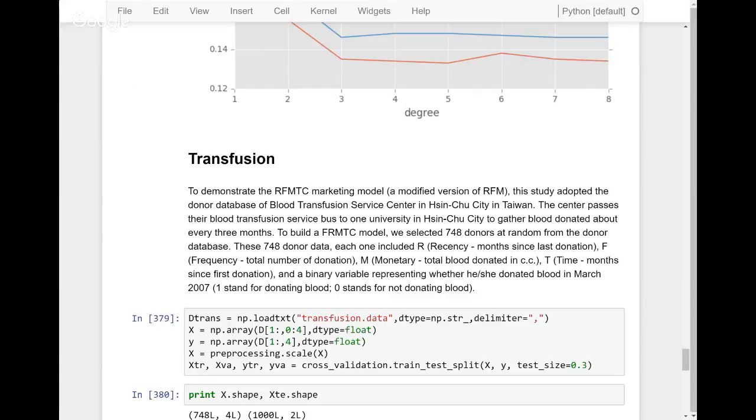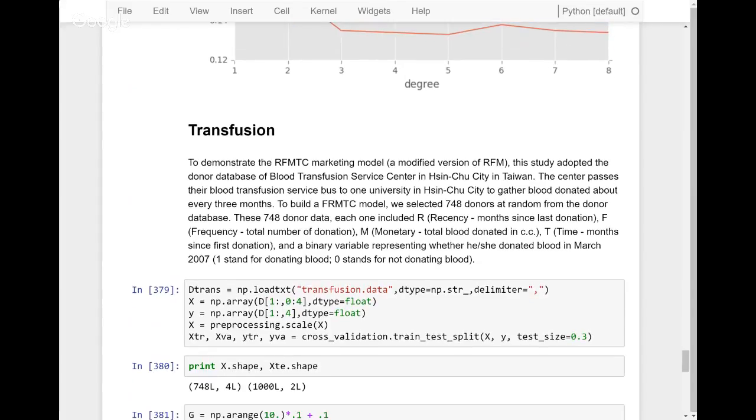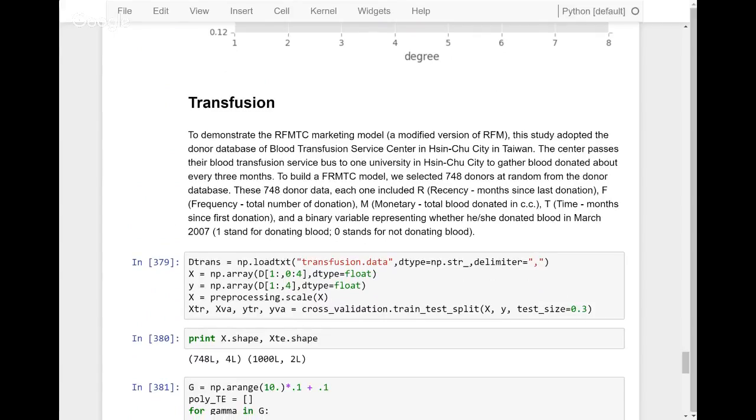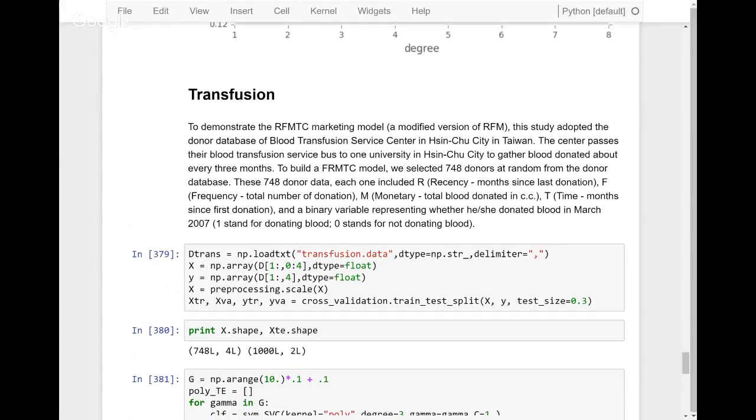The idea is that they performed these blood transfusions and then tried to predict whether people are in support of donating blood or not, based on several variables that they extracted from the survey.